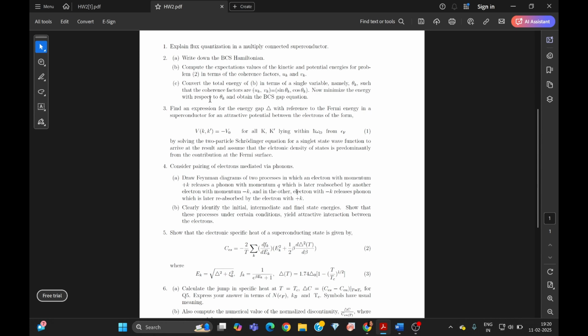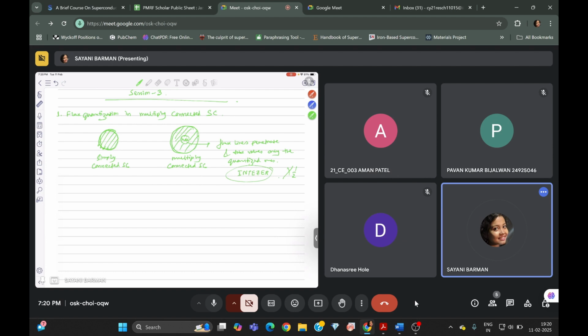Okay, for the first one, we can also do more. So the first one is the basic concept, right? Now, if we want to write the London equation and the Landau theory, on that principle the supercurrent flows in the ring, right?